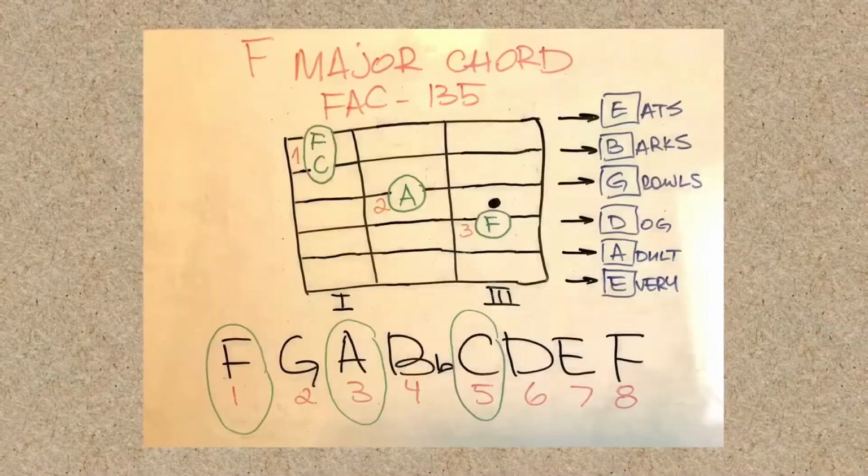We're gonna dive into scales a little bit later. But for now, you need to know that you're gonna have F1, G2, A3, B flat 4, C5, D6, E7, and back to F, which is going to be 8 or your octave.